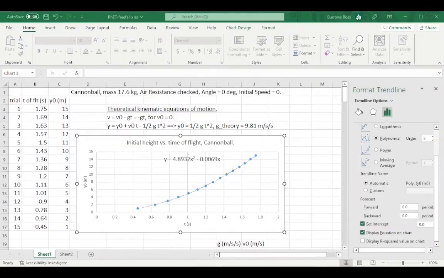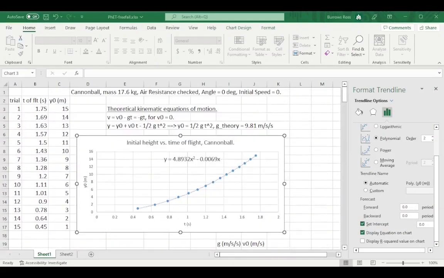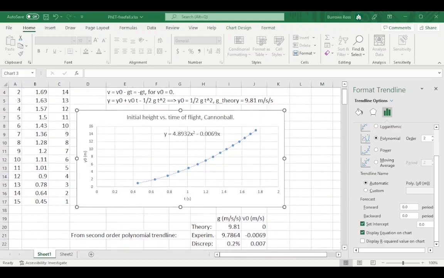So here's a spreadsheet where I already did this exercise, and I found the experimentally determined acceleration due to gravity was 2a, and here a would be 4.8932.